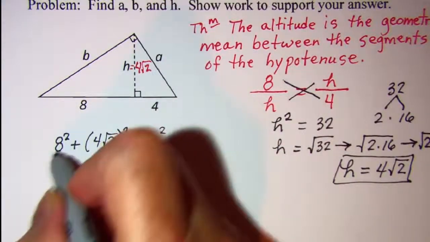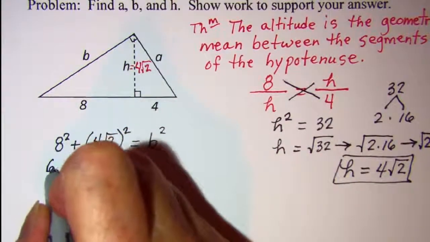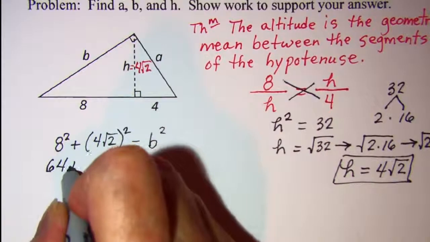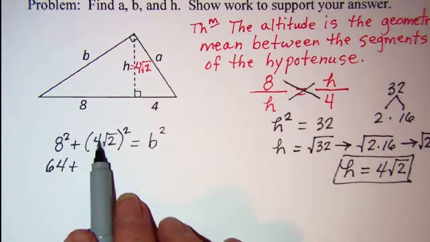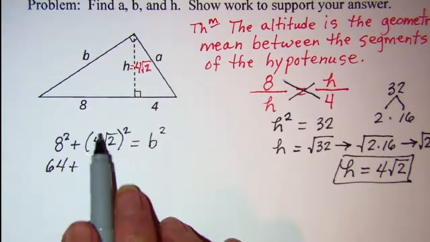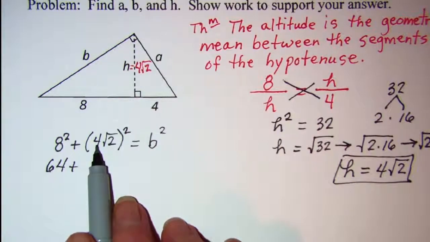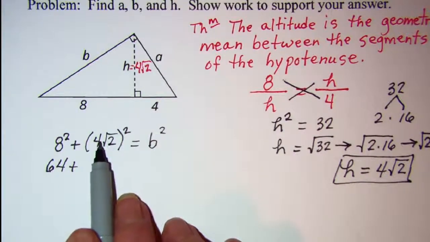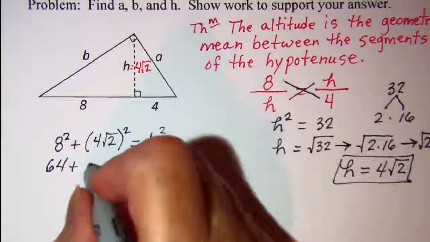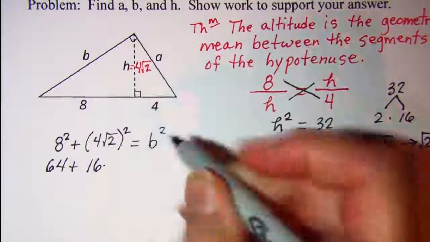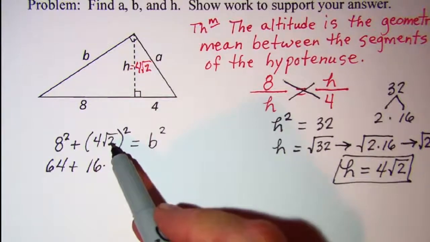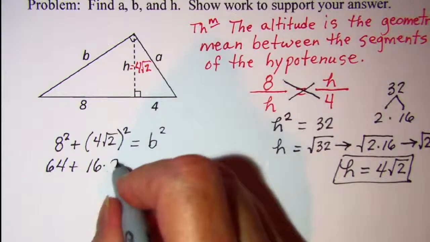Eight squared is 64. When you square a term that has 2 factors, I have to square each of those factors. So 4 squared is 16, and then the square root of 2 squared is 2.